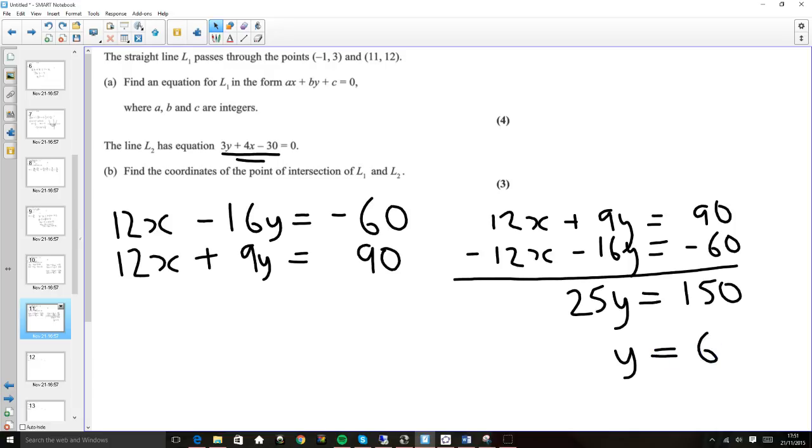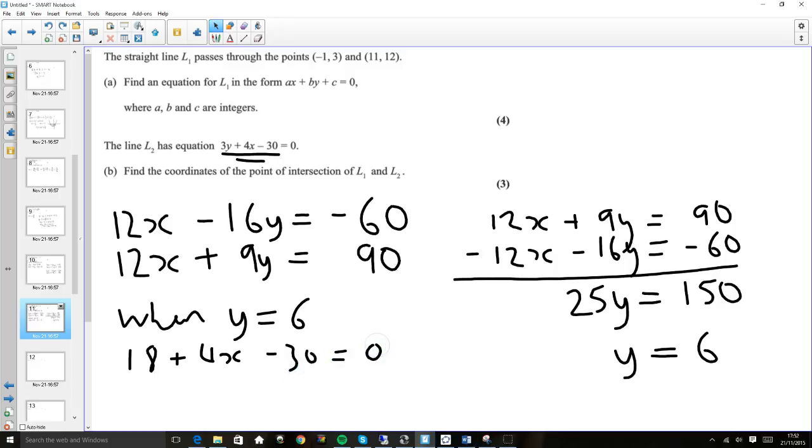Now you might take some other approach to solve them simultaneously, but that's just one way we could do it. So all we need to do now is plug in y, that should say y there, that's not very clear, I apologise. When y is 6, let's plug it into L2. 3 times 6 is 18, plus 4x minus 30 equals 0.